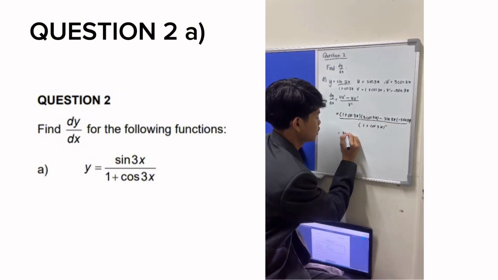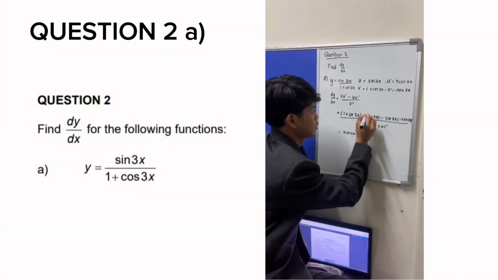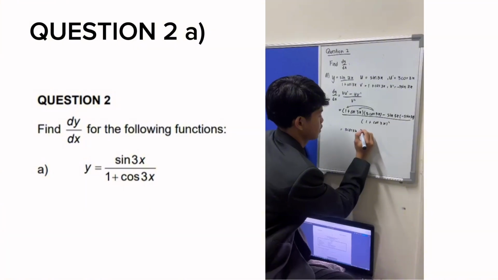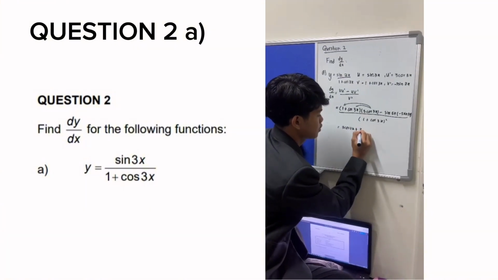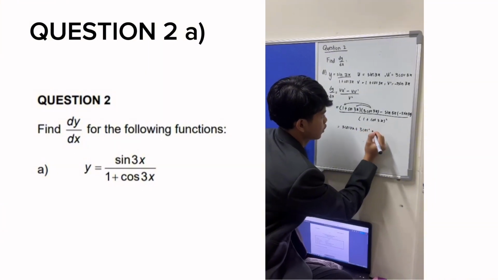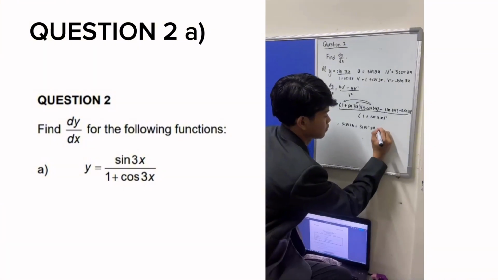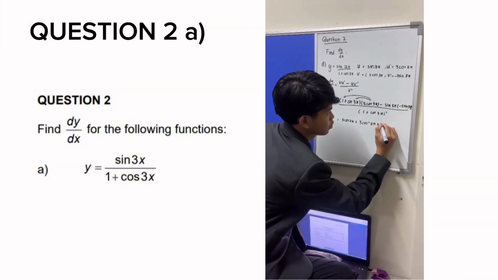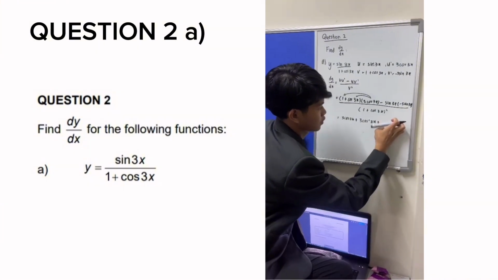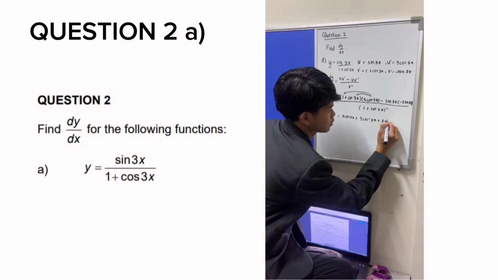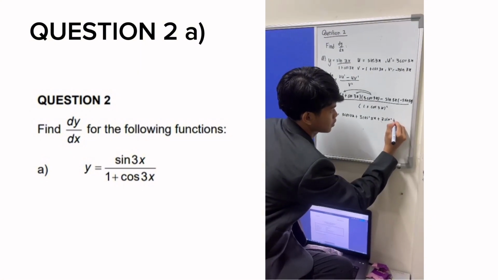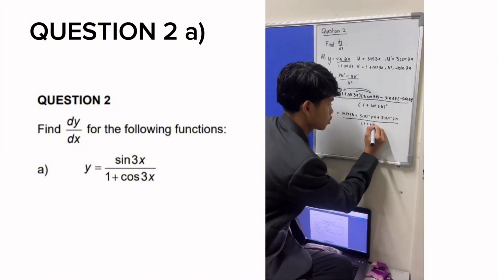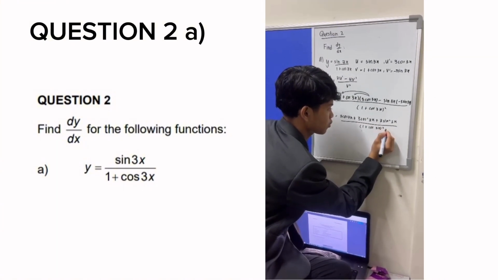So 3 cos 3x plus 3 cos squared 3x, plus 3 sine squared 3x, over the same denominator, (1 plus cos 3x) squared.